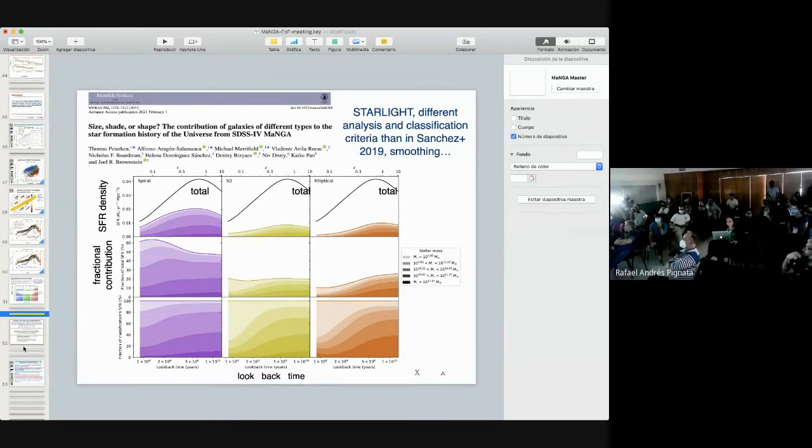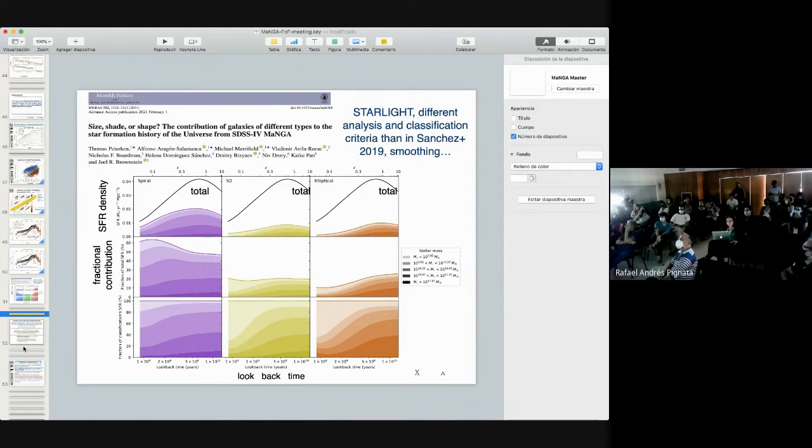There are S0s quenched or star-forming, but most of them are in the Green Valley. But we didn't analyze all the evolution, all the things that I presented for ellipticals, for example. But I agree that it's very interesting to study in more detail this kind of lenticular galaxies.